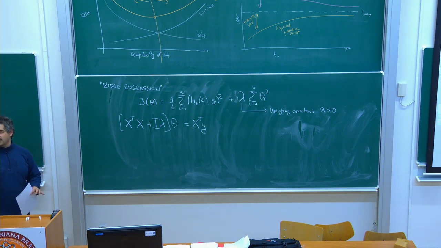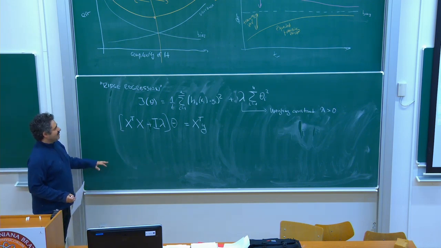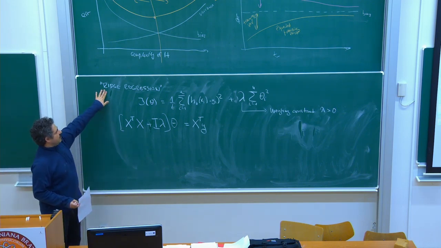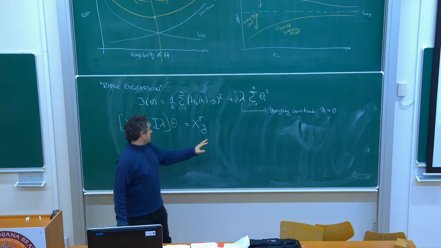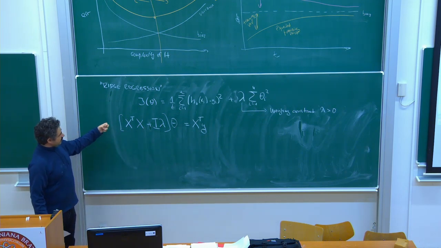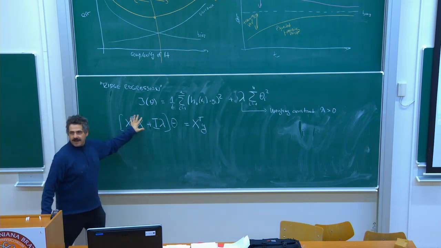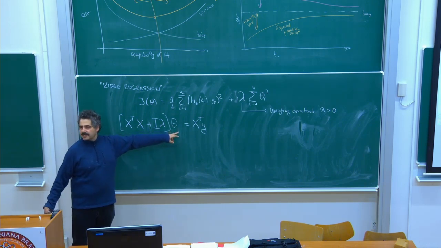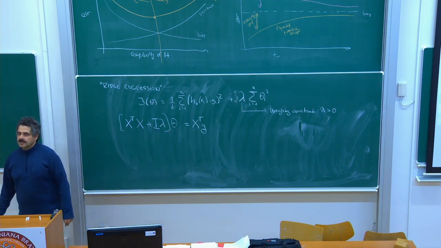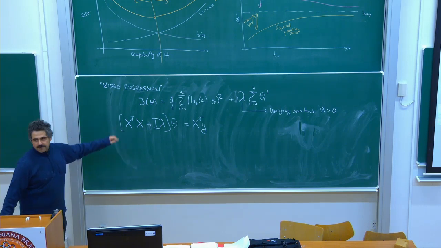If you don't believe me, you can go over the derivation and see it by yourself. So if you have this ridge regression, with this type of penalty, you modify your system of linear equations a little bit, and you can derive the best set of parameters with respect to this error function.